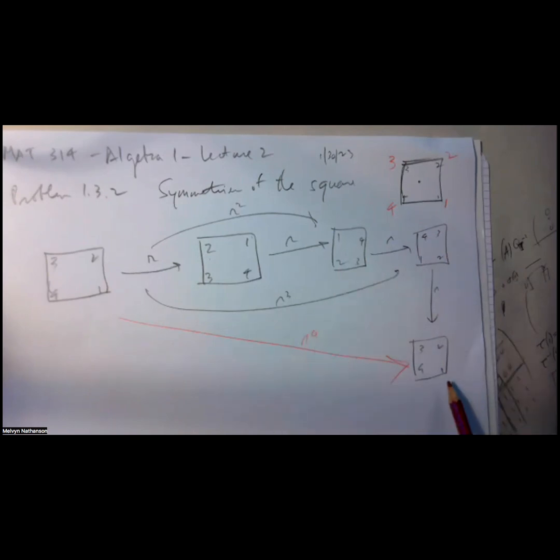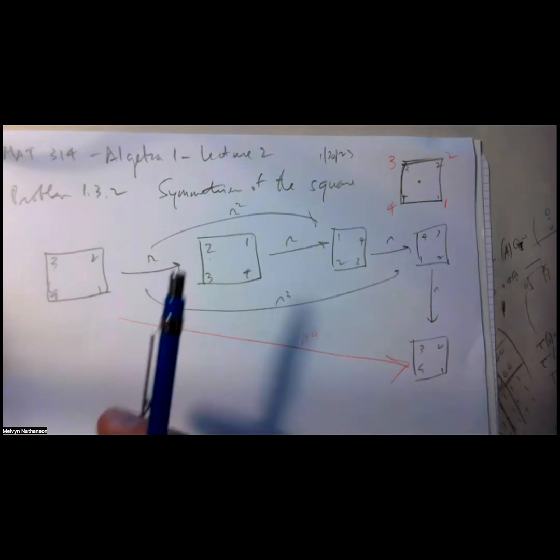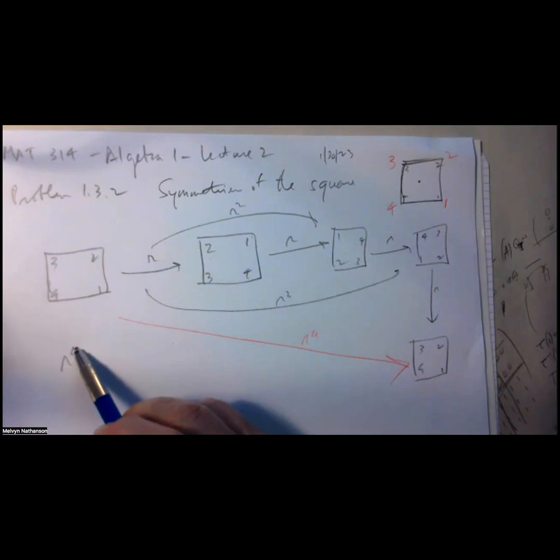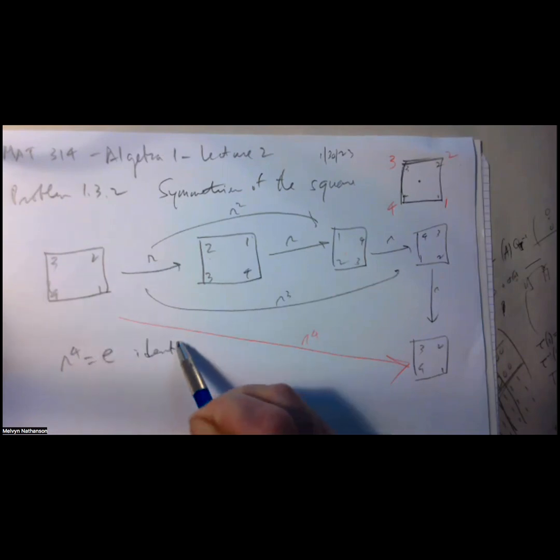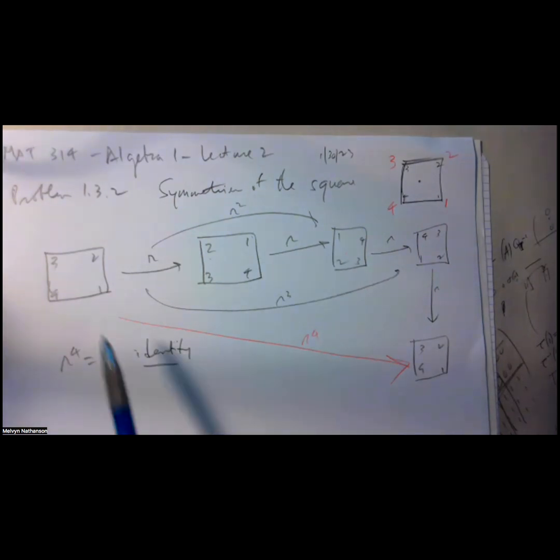And if you look, 1, 2, 3, 4, we're back exactly where we started. So r to the fourth is this, called E, which is the identity motion, the identity symmetry, where you don't change anything. From here to here, everything stays the same. So r to the fourth is the identity.